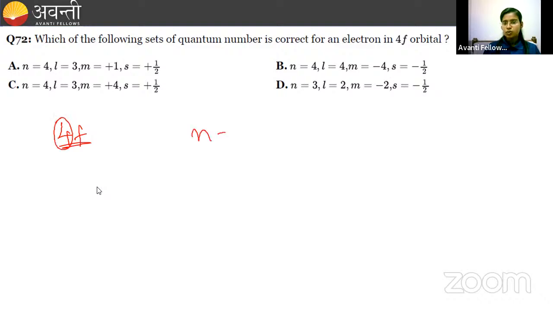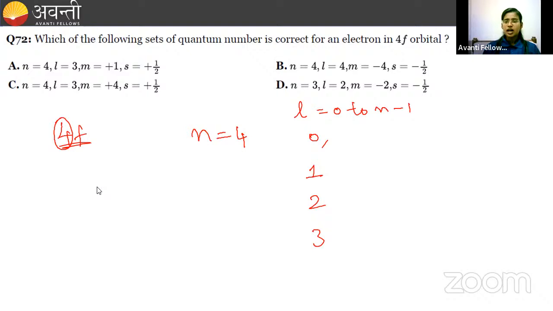So n is equal to 4. If n is equal to 4, L value can be from 0 to n minus 1, right? So 0 to 4 minus 1. So it is 0, 1, 2, 3. 4 minus 1 is 3.